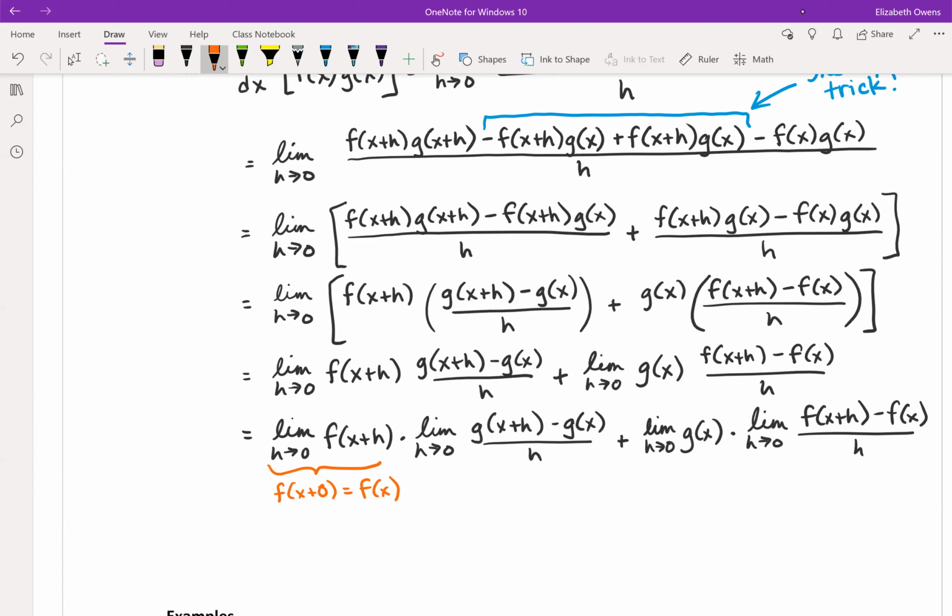Now for this second bit, limit as h approaches 0, g of x plus h minus g of x over h. Hopefully that looks a little bit familiar, because that is the definition of the derivative for the function g of x. So this is the derivative with respect to x of g of x.